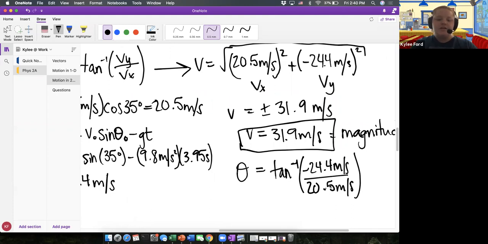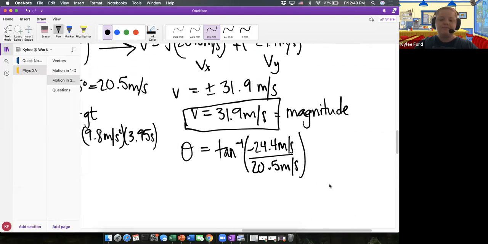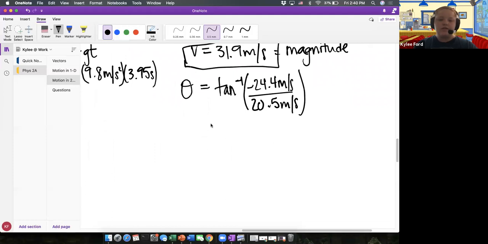Now I can plug that into our calculator, and it is important to get that negative in there, because that will tell us which direction our velocity is going. I calculated that, and I get about negative 50 degrees. So that is my direction.